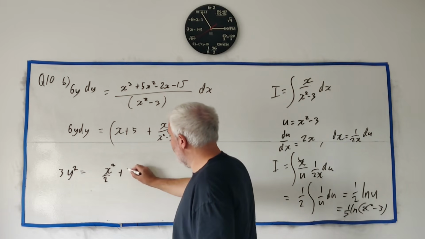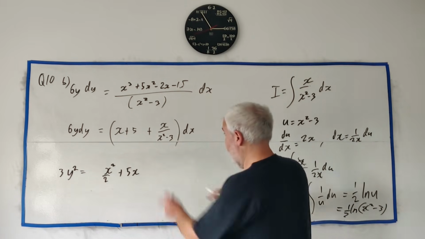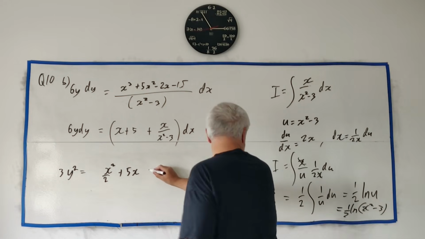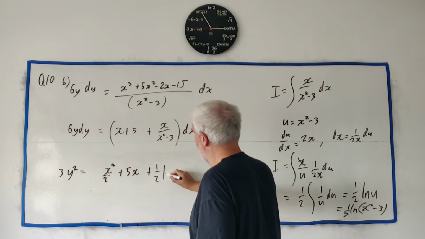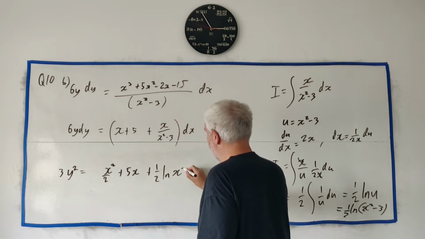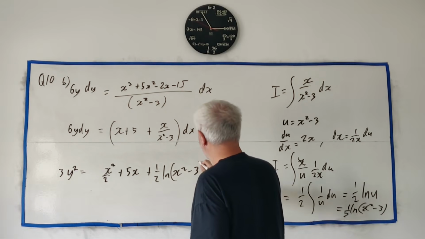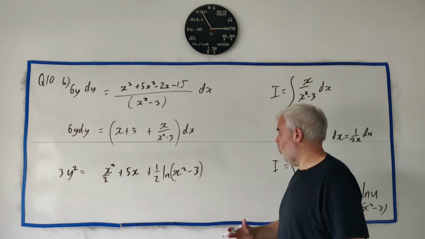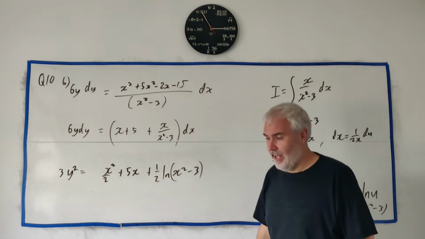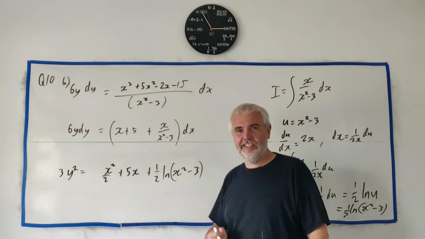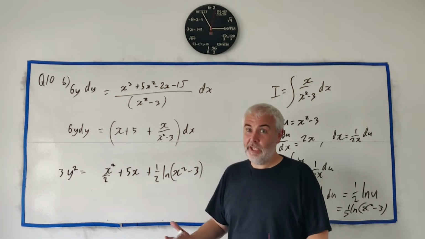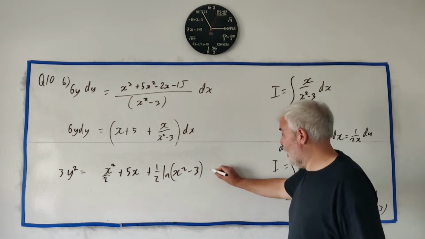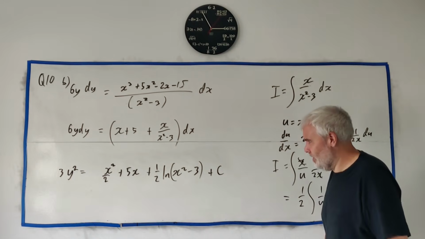The 5 becomes 5x, and as we just did over here, this becomes 1 over 2 natural log of x squared minus 3. And they all have constants. So we can just put all those constants together, like a constant plus a constant plus a constant just equals a different constant. We don't really care about the names of them. I'm just going to call them C.